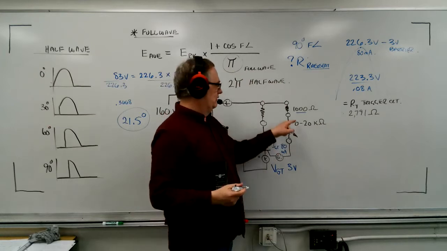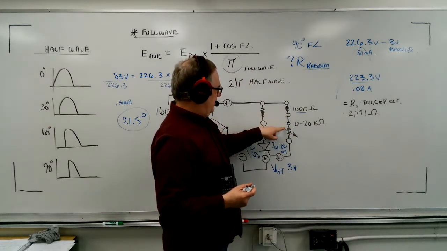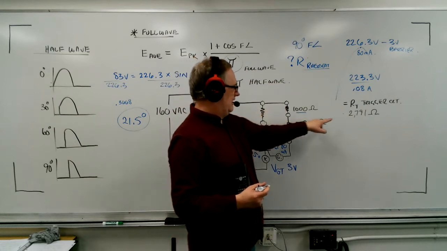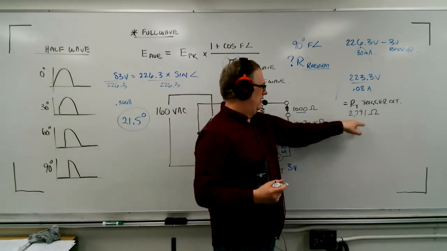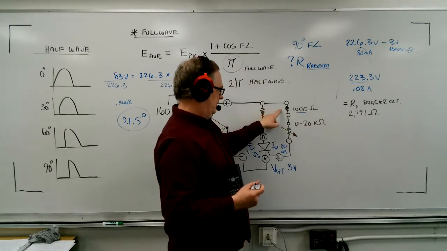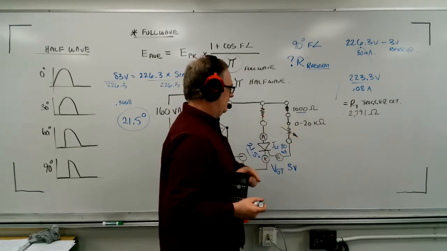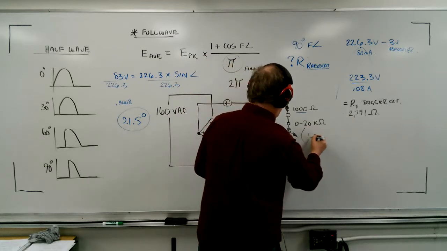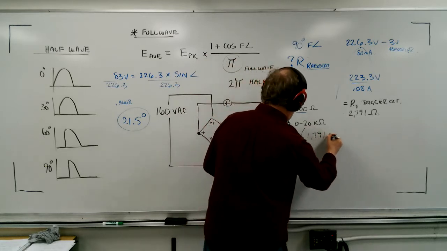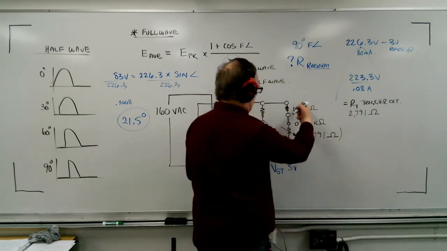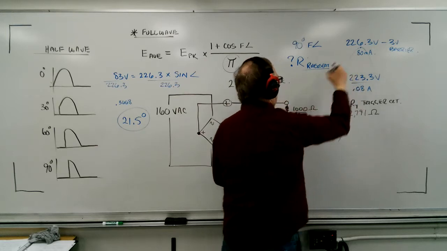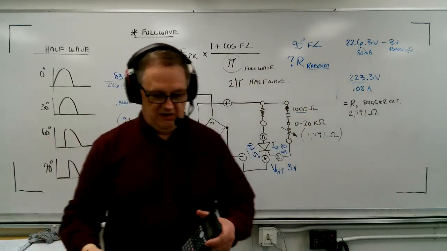I actually have two resistances. I have this one, and the total has to equal 2,791. This one is 1,000, so this one has to be adjusted or set to 1,791 ohms. And now between these two, I'll have this many ohms, and I'll get exactly a 90-degree firing angle.